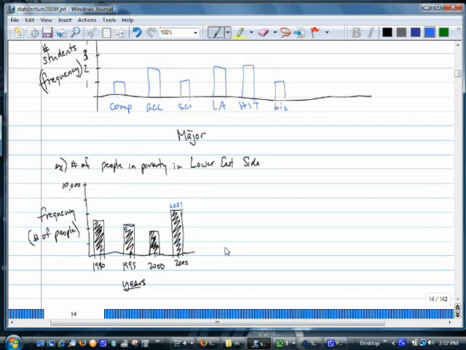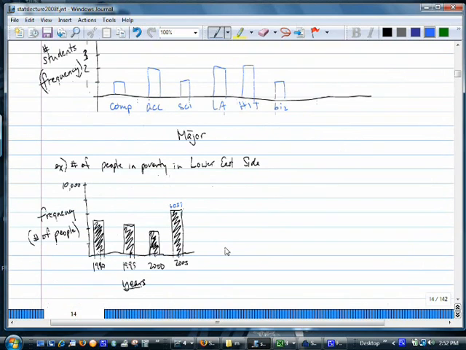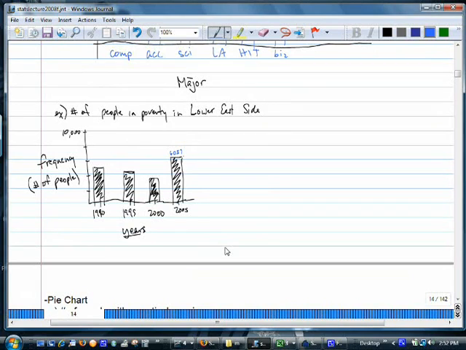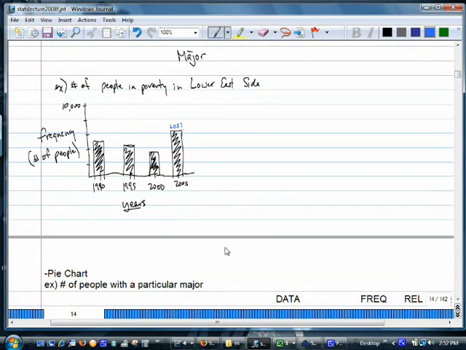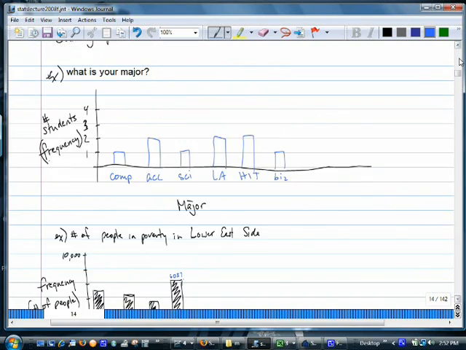Okay. Next, pie chart. So let's do a pie chart for the same thing. Okay, now what do I have to do with my pie? It's the exact same data. We're using this data to make a pie chart. So what do I have to do? Well, I have the decimals, so I basically have the percentages.